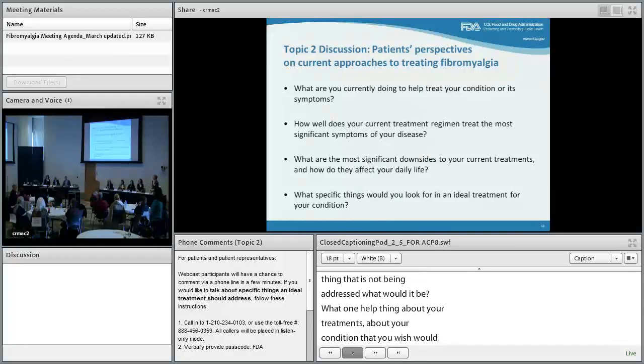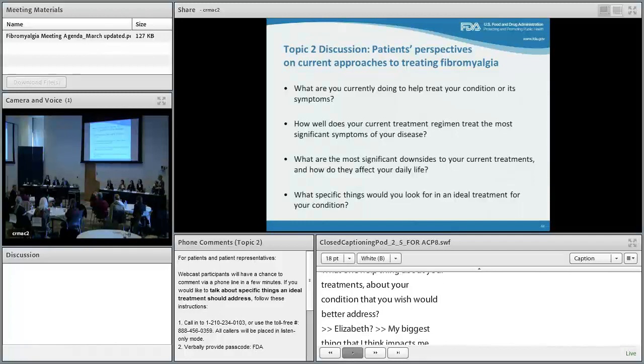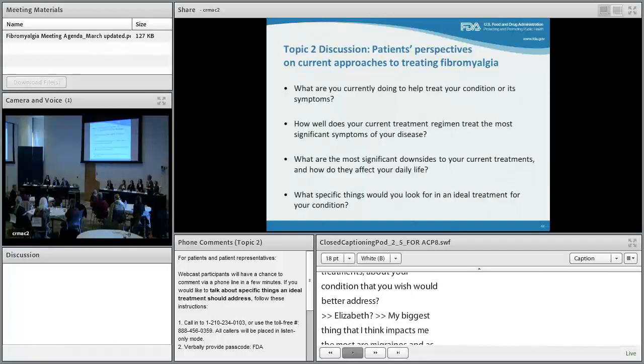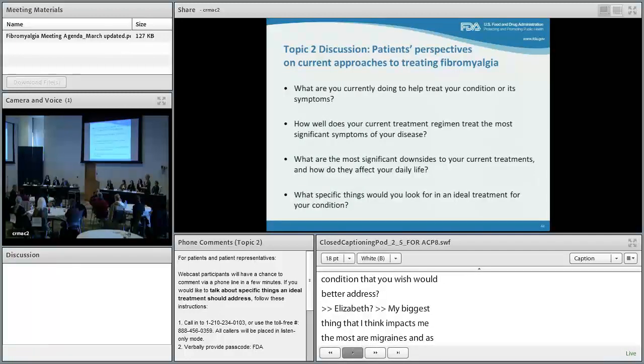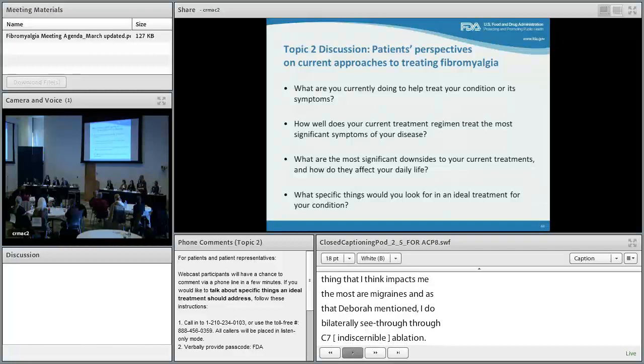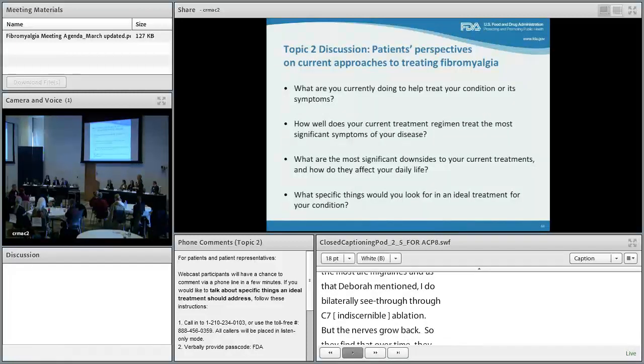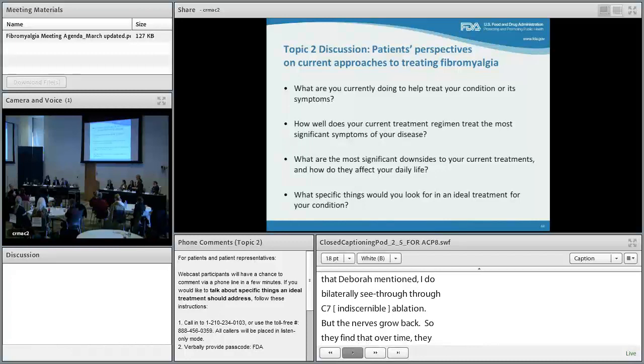Okay, Elizabeth? My biggest thing that impacts me the most is the migraines, and as Deborah mentioned, I do bilateral C2 through C7 cervical facet radiofrequency ablation, but the nerves grow back. They find that over time they grow back more quickly.